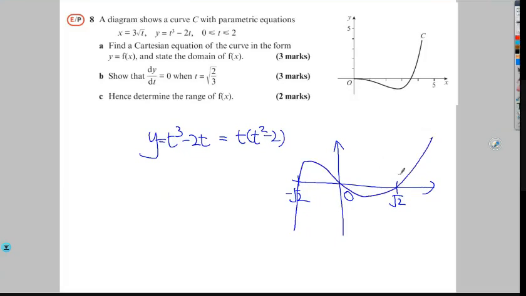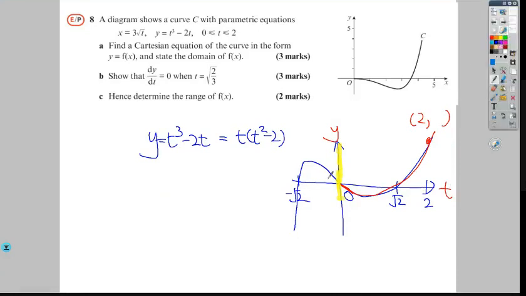So in fact, for fun, I'm just going to find the range using just this graph. So I have y equals t cubed minus 2t, which is a cubic function. So I have t bracket t squared minus 2, which if you draw the graph, this is a happy face, happy ending, and it has roots at minus root 2 and positive root 2.